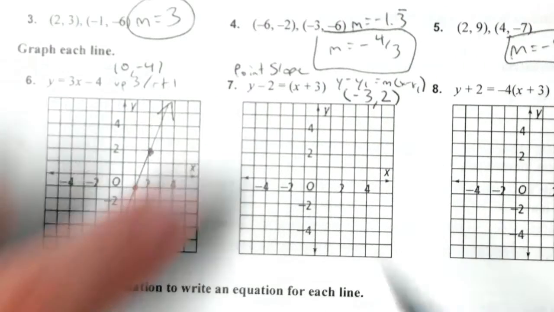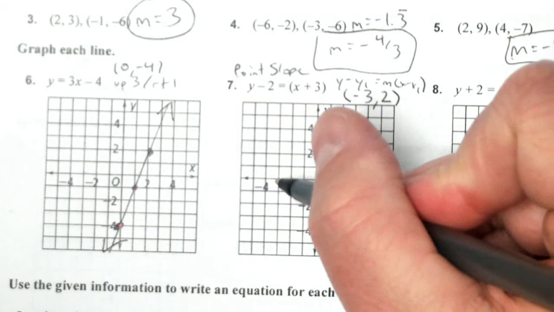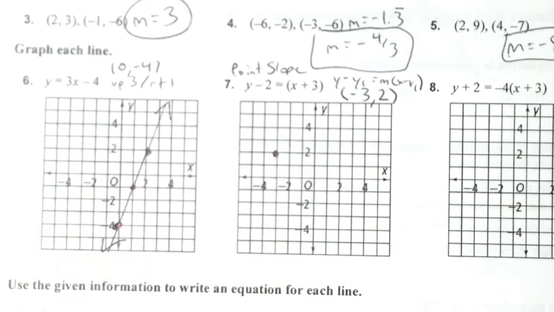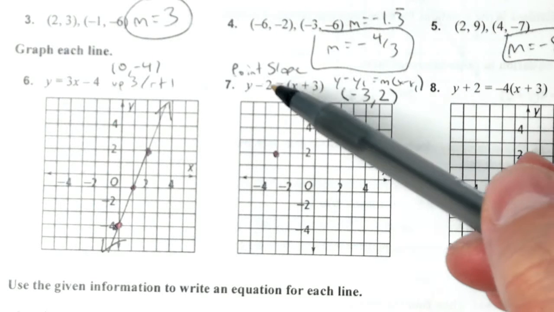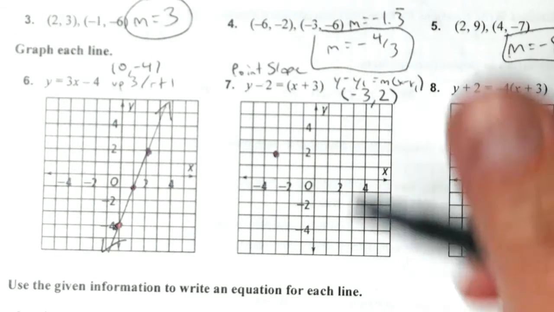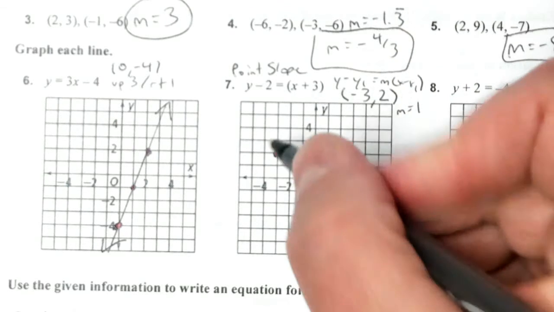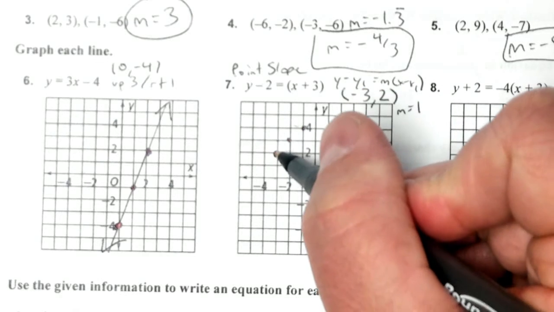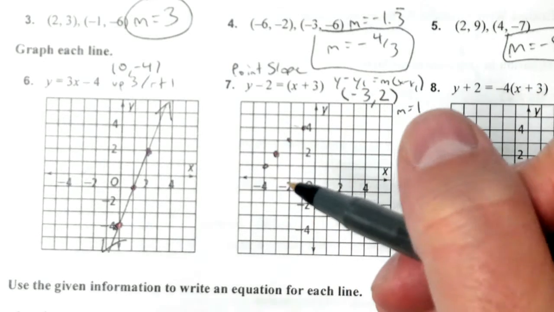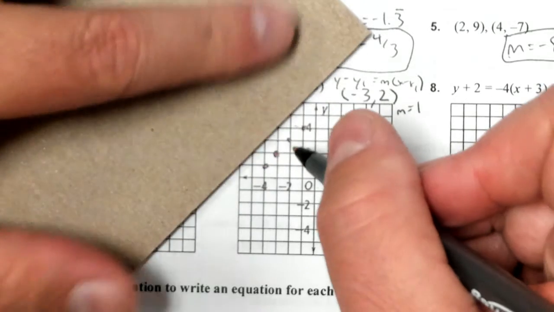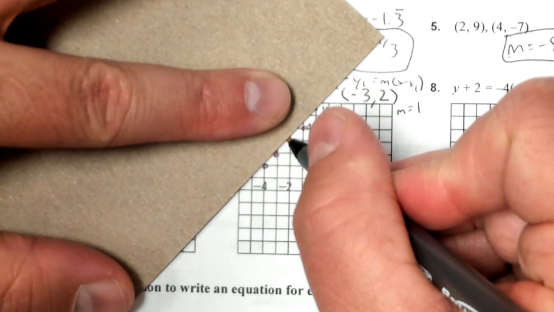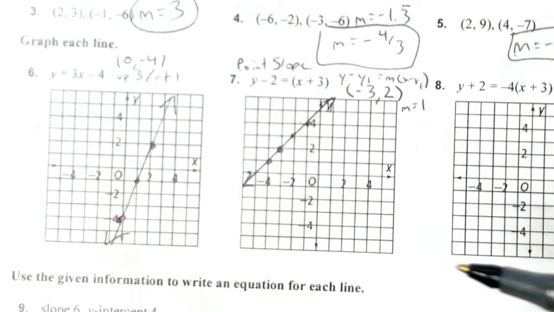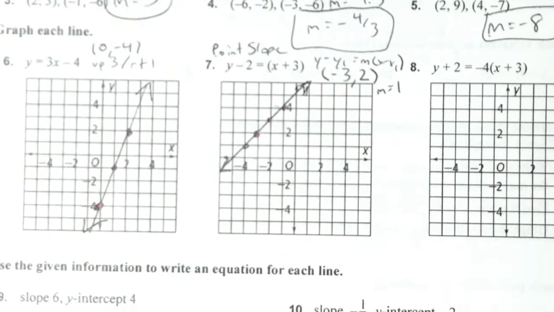And that's going to be our starting point. Go to -3, +2, and put your dot. Now this one has no number in front for your slope, and so we just assume the slope is 1. So that'd be up 1, right 1. Which is the same as down 1, left 1. And then connect them. So there's your graph.